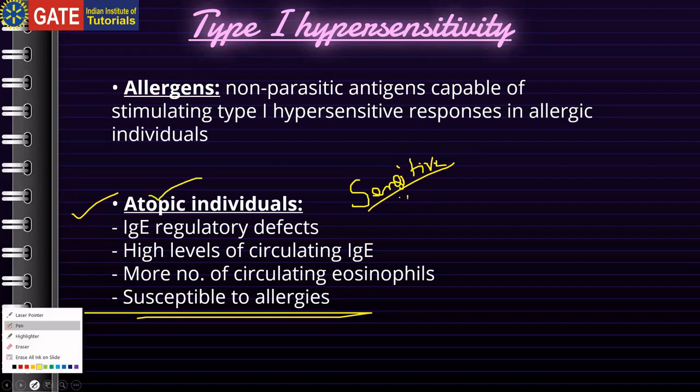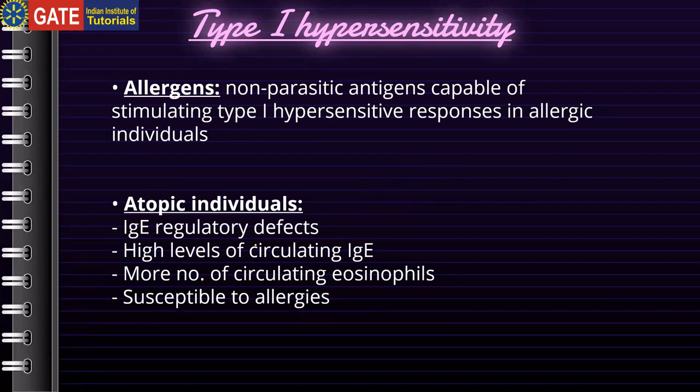individuals are called atopic. In other words, all of you listen to my statements. How can I define the word atopic individuals? Follow me, friends. Atopic individuals are those individuals who have the genetic tendency to show susceptibility or sensitivity to allergies.